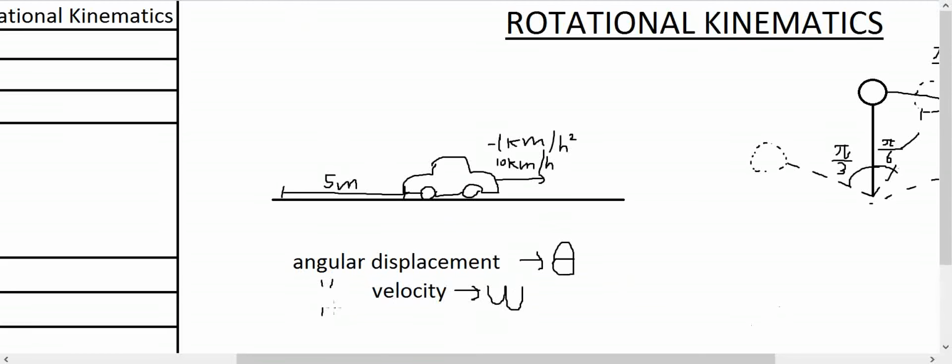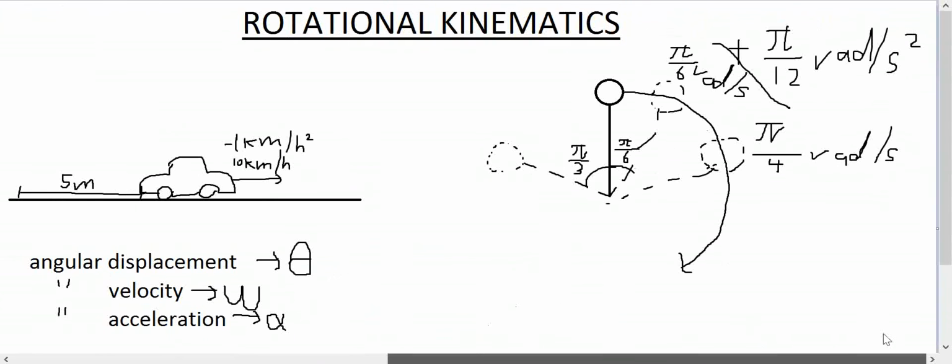Angular acceleration is represented by the Greek letter alpha, which kind of looks like an A.